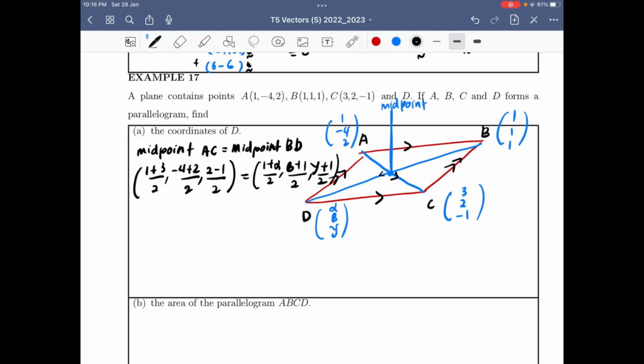So we can compare that. 1 plus 3 divided by 2 must be equal to the one for alpha.